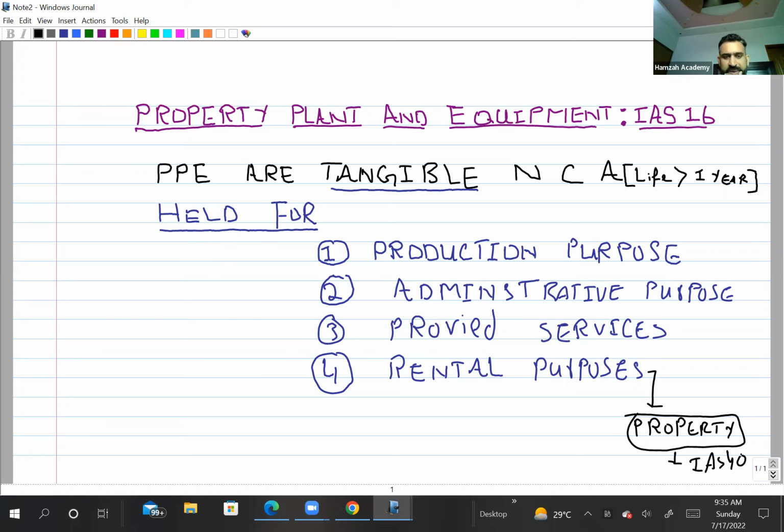You get it? So in simple words, the tangible non-current assets which are held for use in the business will be accounted for under IAS 16, property, plant and equipment. You get it?